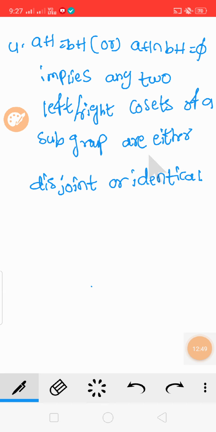Here we prove this condition. aH equals bH or aH intersection bH equals phi implies any two left or right cosets of a subgroup are either disjoint or identical.